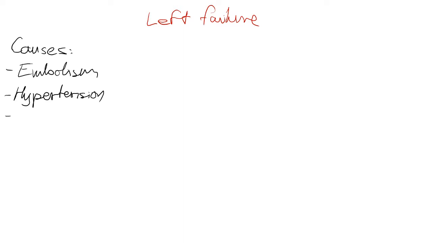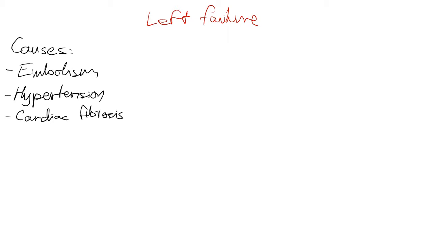Any type of cardiac fibrosis, and that being said, cardiac fibrosis can also cause right-sided heart failure. And any condition where there has been constant exposure to high pressure blood, and initially that causes hypertrophy, but eventually that can also cause dilatation of the left side of the heart.